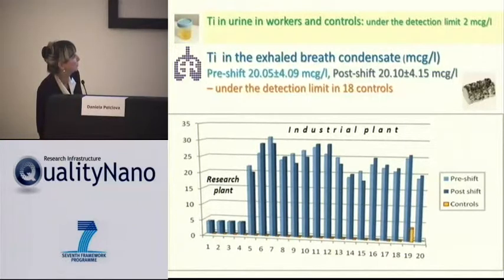The blue columns are again the workers, pre-shift, post-shift, and the yellow ones are the controls. Just one control had a very mildly elevated level of titanium in the urine, at the same level as the 4 workers from the research plant, where the exposure was many times lower than in the industrial plant.